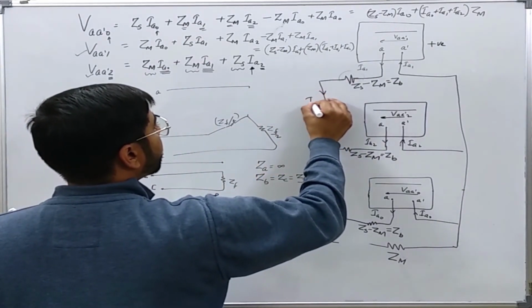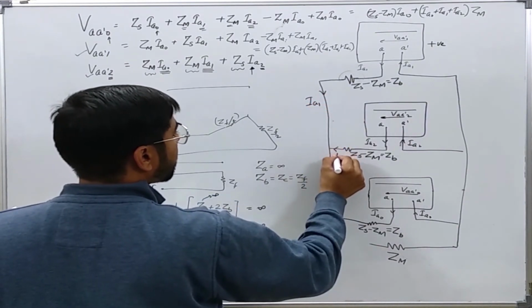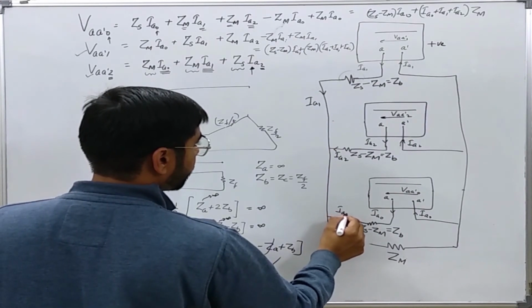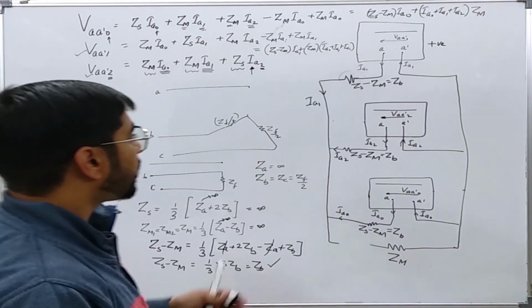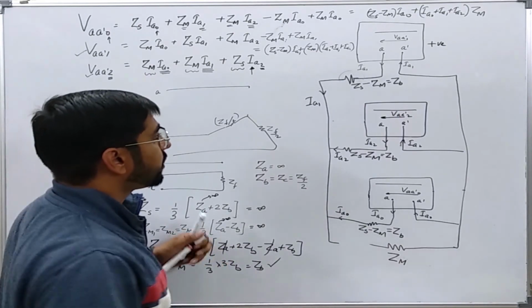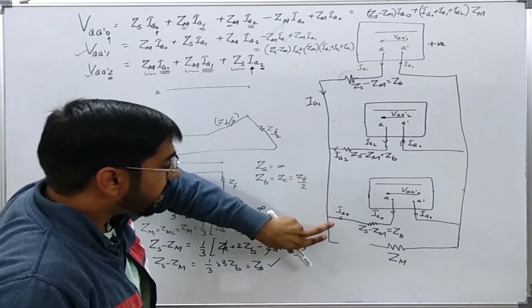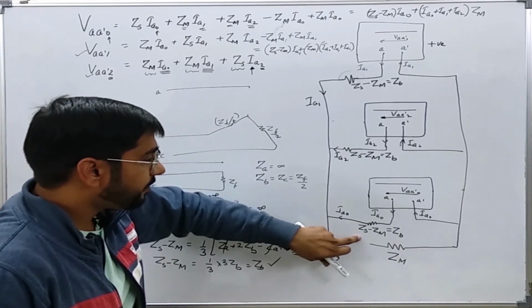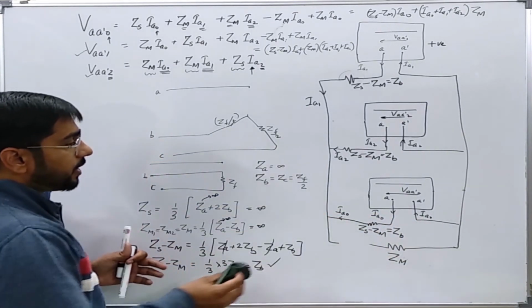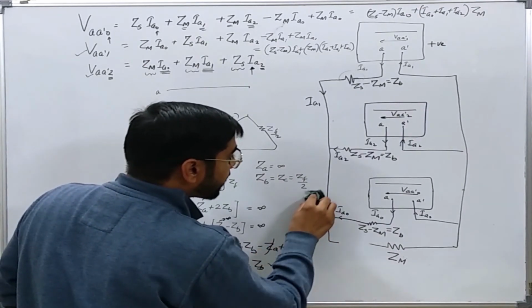This is IA1, this is IA2, this is IA0. Now you see that zero sequence current cannot flow now, because if they flow, they will flow here also. So this is kind of an open circuit now.